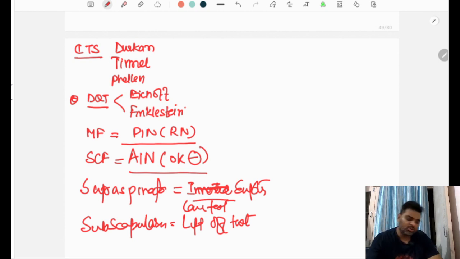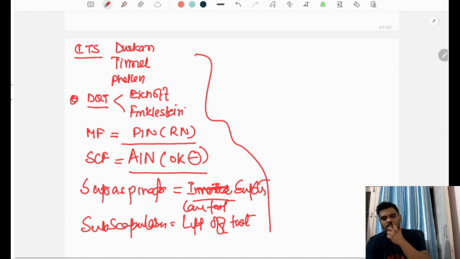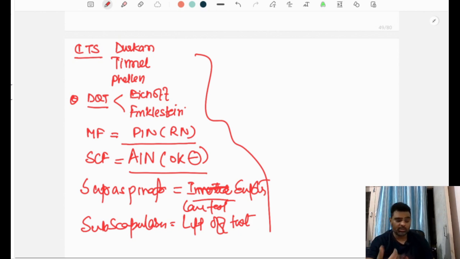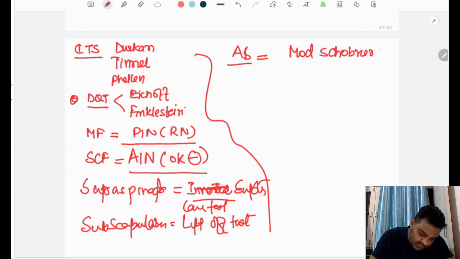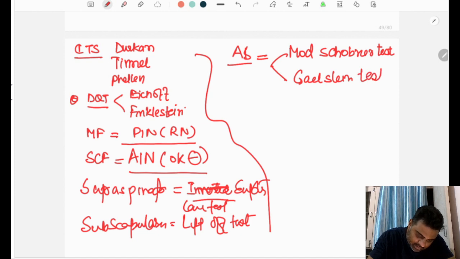In anterior dislocation, there was the Dugas test, the Hamilton-Ruler test, and the Callaway test that we have already seen. Then in cases of ankylosing spondylitis, there are basically two tests: the modified Schober test and the Gaenslen test.